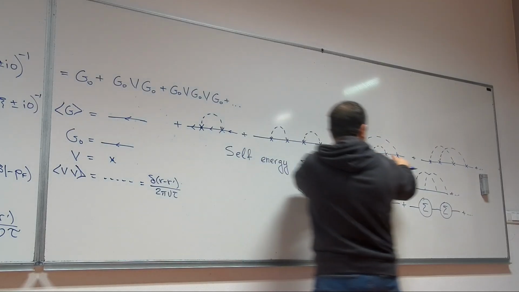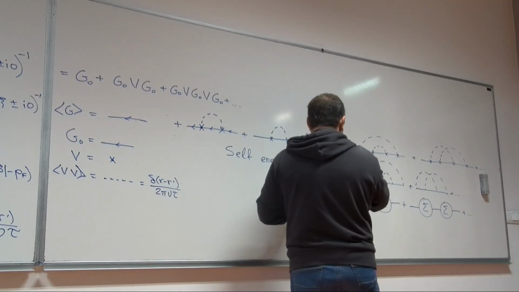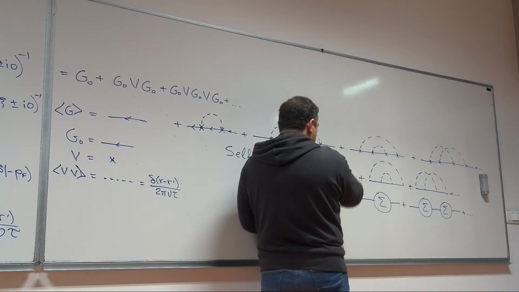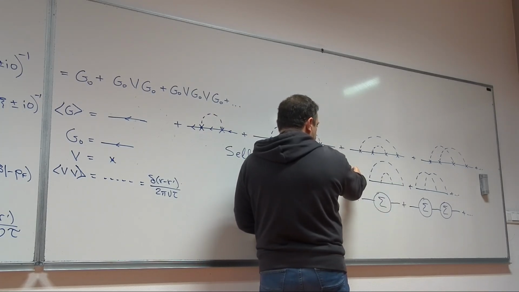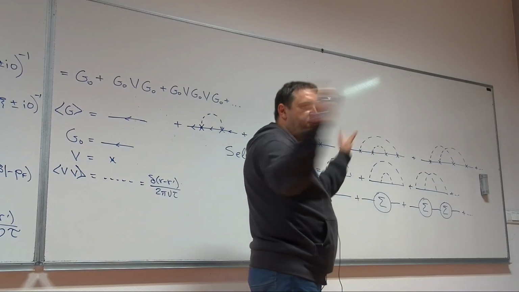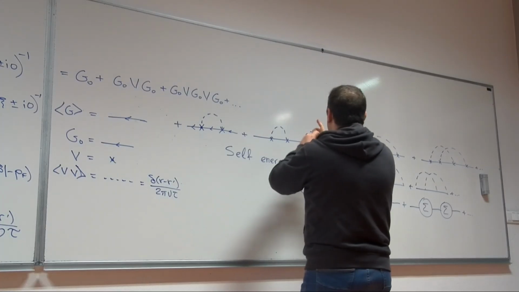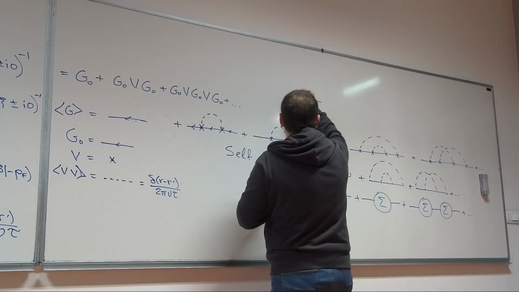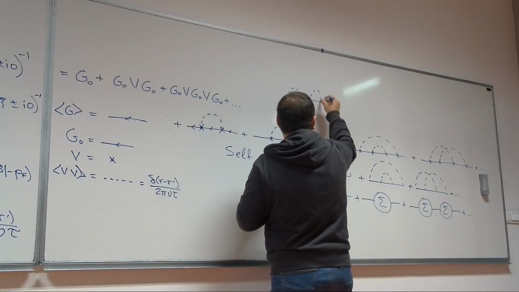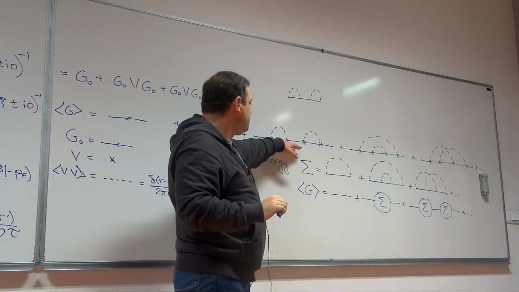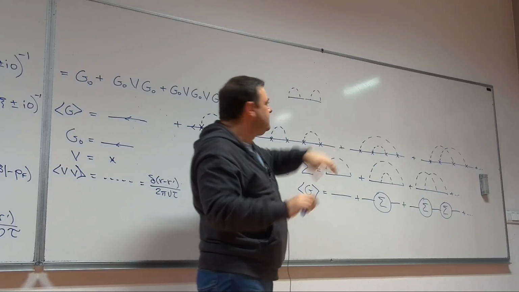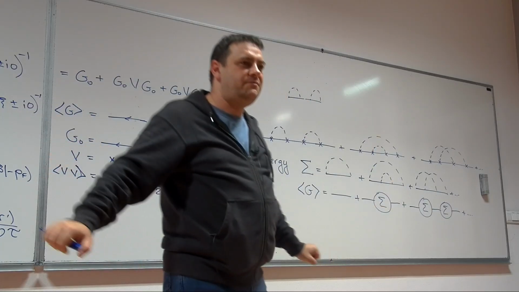These outer functions are not included, such that if you cut any solid line, it will not break into two disjoint parts. For example, if I took this thing, it is not a part of self-energy because I can cut it and it breaks into disjoint parts.